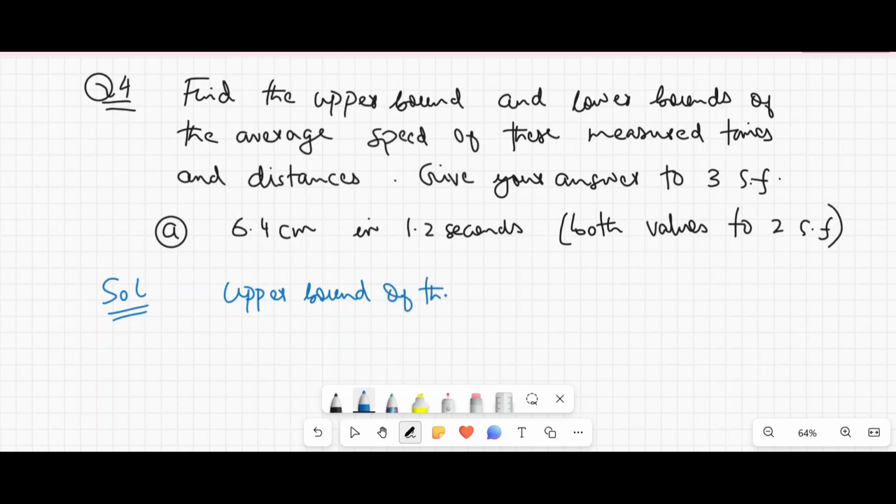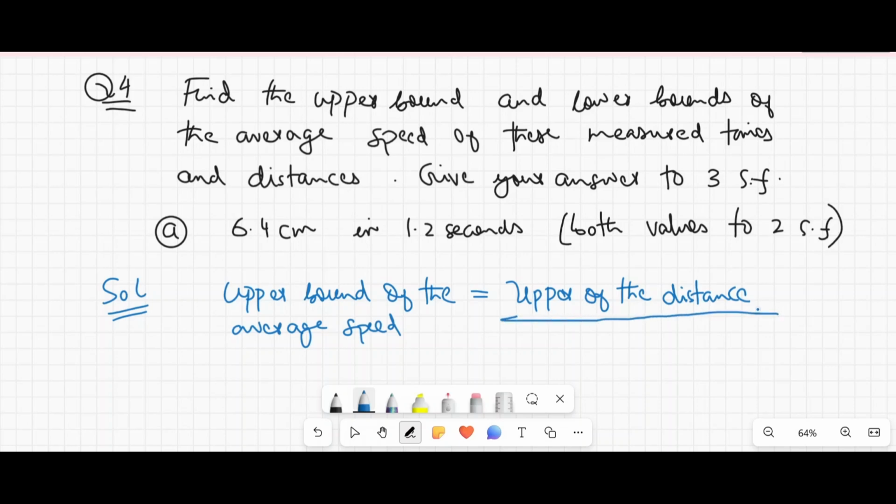The average speed is basically distance divided by time, but the upper bound of the average speed is the upper bound of the distance divided by the lower bound of the time.